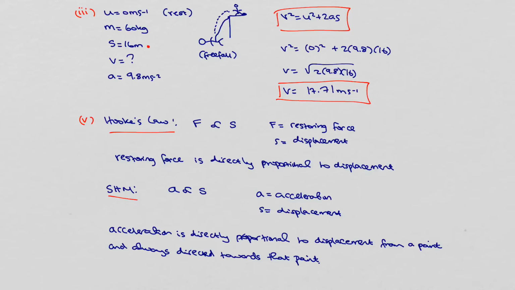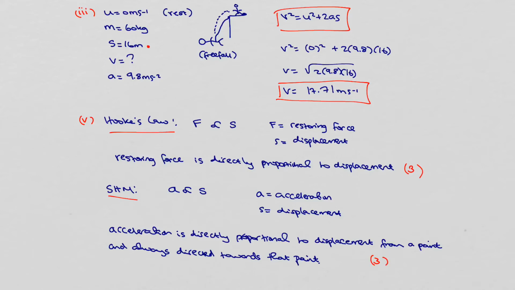And again, same with the simple harmonic motion there. Obviously, A equals minus omega squared S is the formula that's going to be in your tables. But again, for defining simple harmonic motion, we tend to say acceleration is directly proportional to the displacement. So in terms of marks for that question, there were 3 marks for each of the definitions.